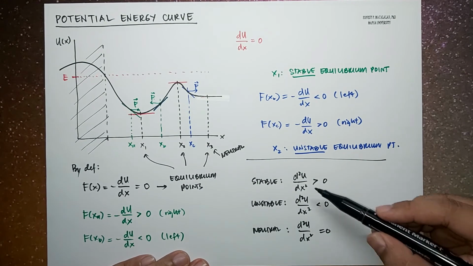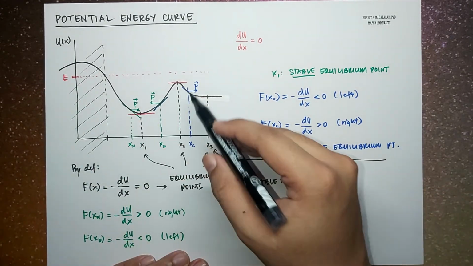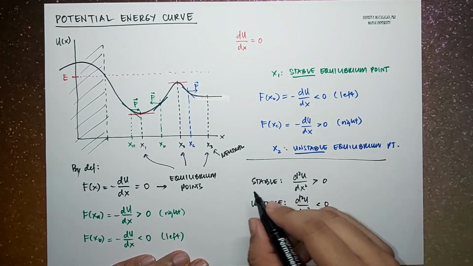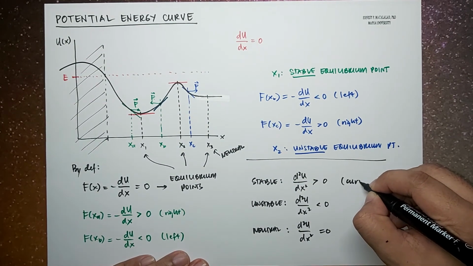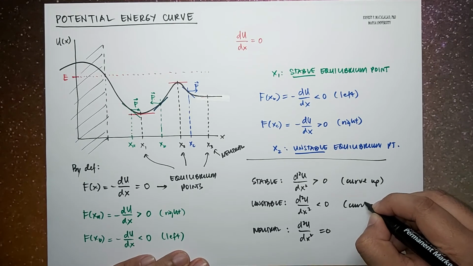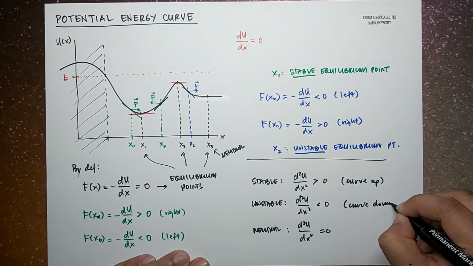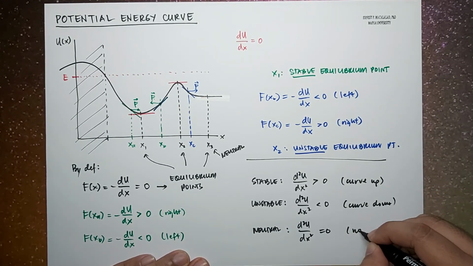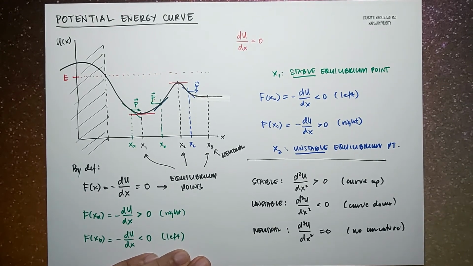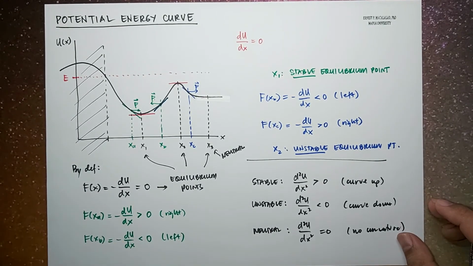By calculus, the second derivative of a curve basically tells us the curvature of your curve. So for a stable equilibrium, the curvature is up. For an unstable one, the curvature is down, and there is no curvature for a neutral equilibrium point.